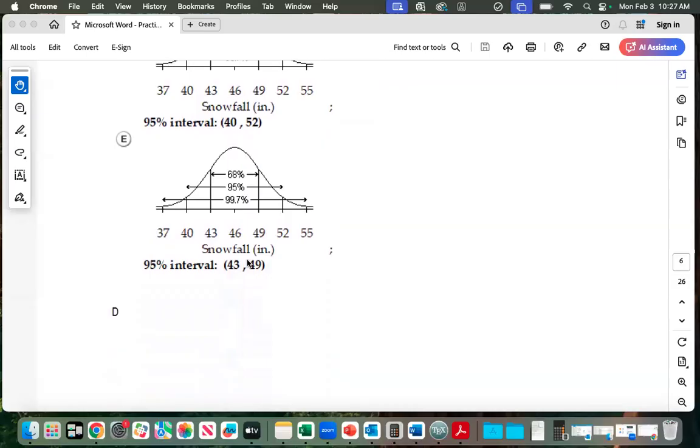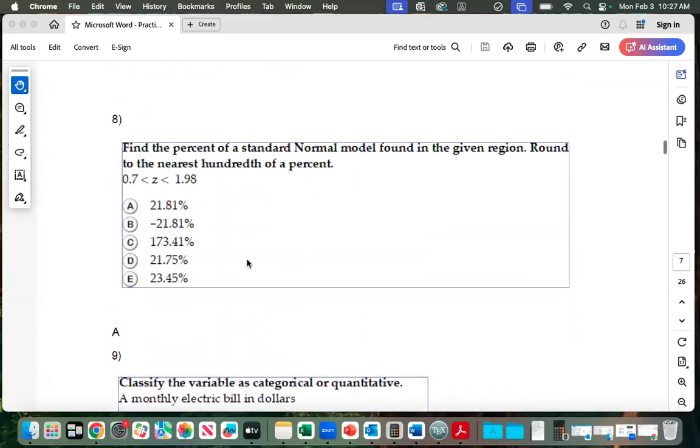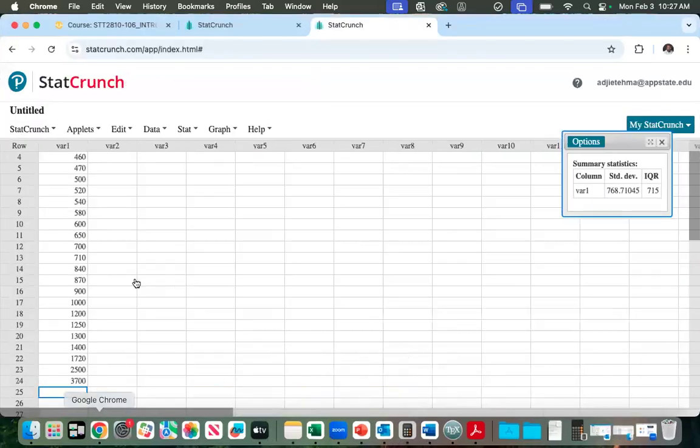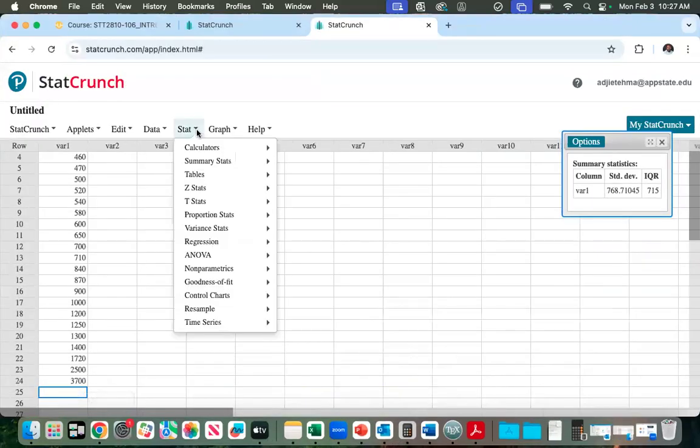Let's proceed. Find the percent of the standard normal found within this region. So I want you to do that. You can use your StatCrunch to do that, isn't it? So we go to StatCrunch, and then we go to Stats.